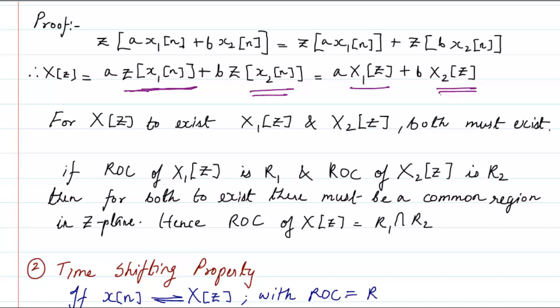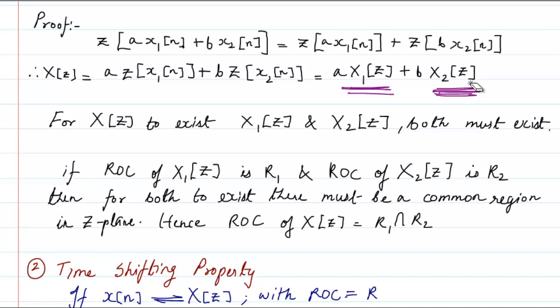Now we already know that for X of z, that means if the whole function X of z has to exist, then each of these individual functions should exist. Now the function X1 of z will exist for a region R1, and the function X2 of z will exist for a region R2. And if you want this whole function to exist, then both of these should simultaneously exist for some value of z. That means for some region of convergence, both this function and this function must exist.